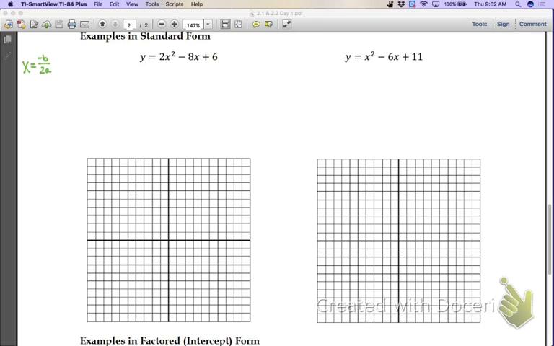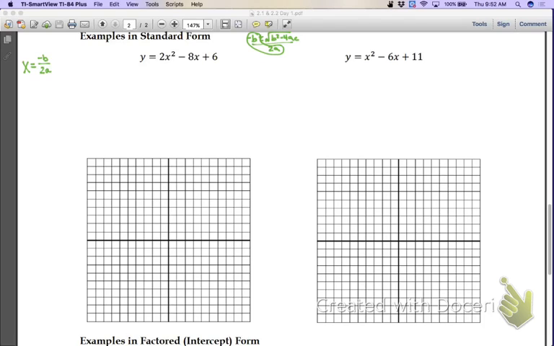Have you seen the opposite of b over 2a before? What's the quadratic formula? Isn't it just that part that's out in front?